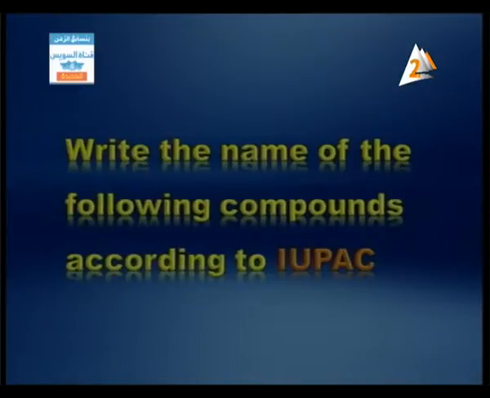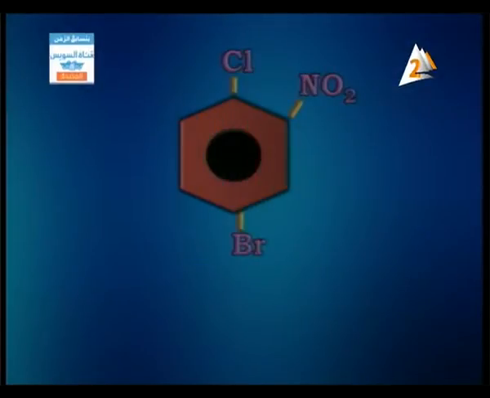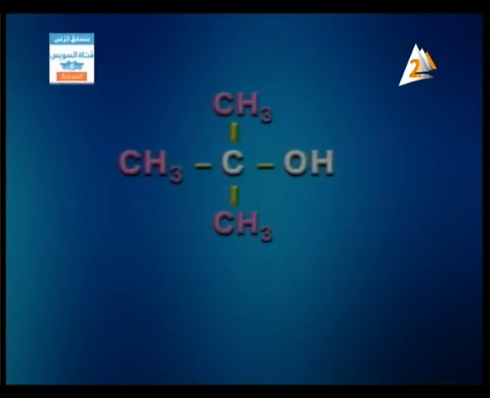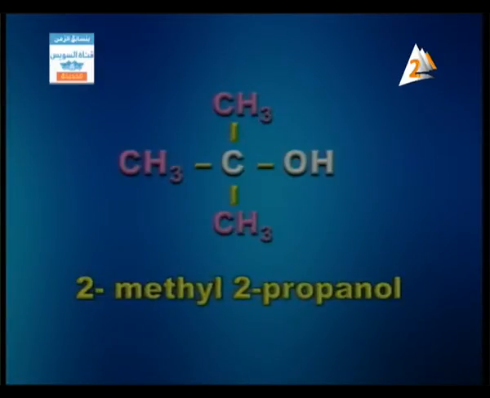Next question, write the name of the following compounds according to the IUPAC system. As shown on the screen, this molecule has the name 4-bromo-1-chloro-2-nitrobenzene. This molecule is named 2-methyl-2-propanol.